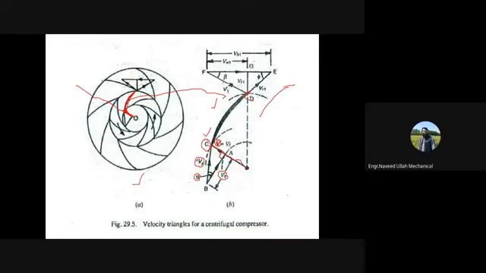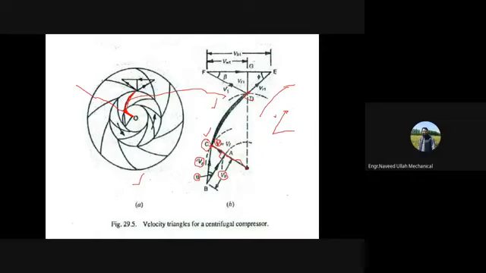All right, so if you see here the velocity triangles for a centrifugal compressor, if you have the absolute velocity and there is some angle, you can have two components of it, right?